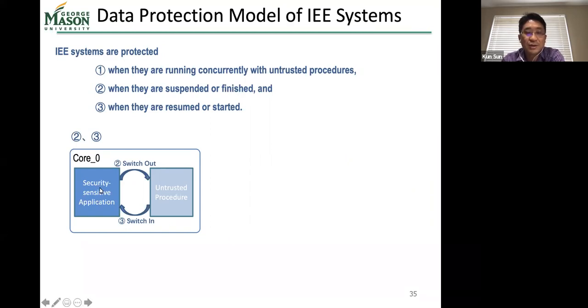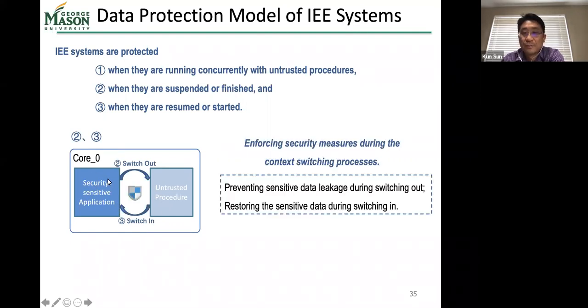So when the secure application is switched out, we need to protect all its states, data, or code. And when it is next resumed, we need to make sure it securely loads its data or code. In other words, we need to protect this switch-in and switch-out process.